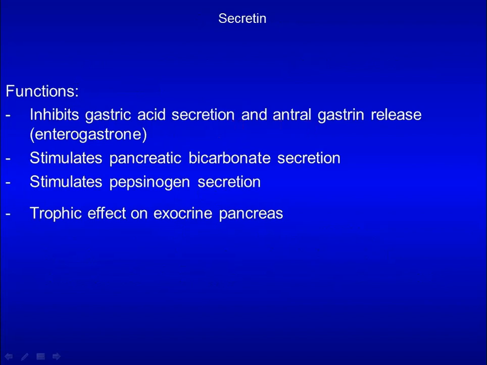At the same time, it stimulates pancreatic bicarbonate secretion. Because of these two functions, secretin is also called nature's antacid. It also stimulates pepsinogen secretion. Similar to CCK, secretin stimulates growth of the exocrine pancreas.